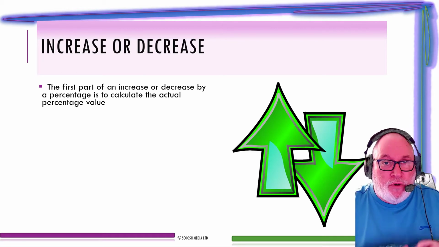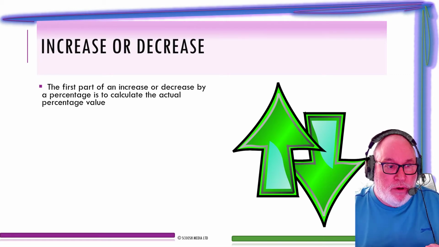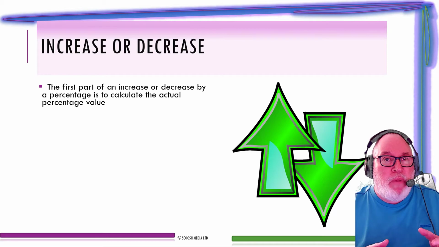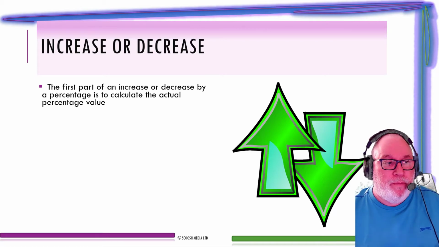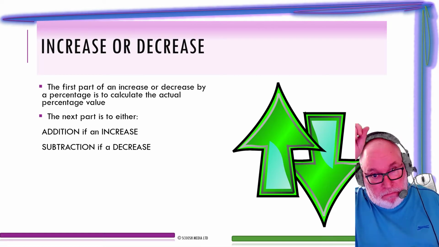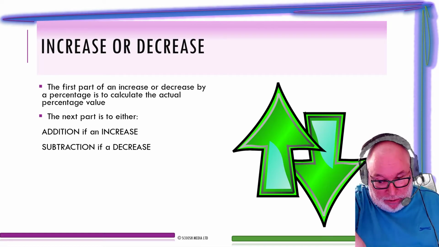Then we do it for another purpose. Just like anything you learn in numeracy and mathematics, it can be combined with something else. The next part is addition, if it's an increase, or subtraction.